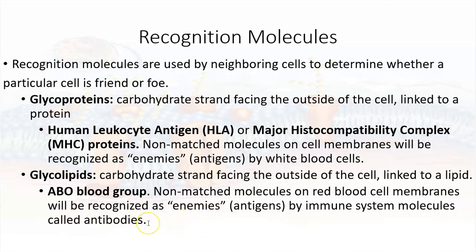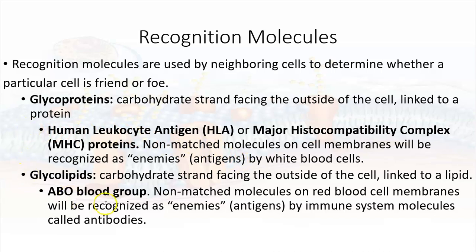When you get a vaccination, you're actually teaching your body to build antibodies by giving it a mimic of the antigen, not the real thing, like a fake version, a deactivated version. That way you have the troops ready when the real thing comes by. Glycoproteins, same idea, can wind up being antigens to the immune system. Once again, the thing that the immune system is looking for is matching.